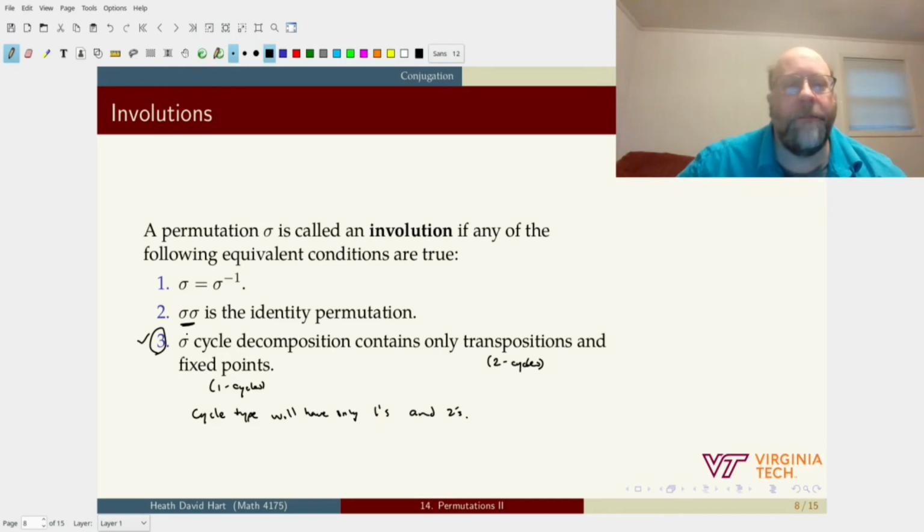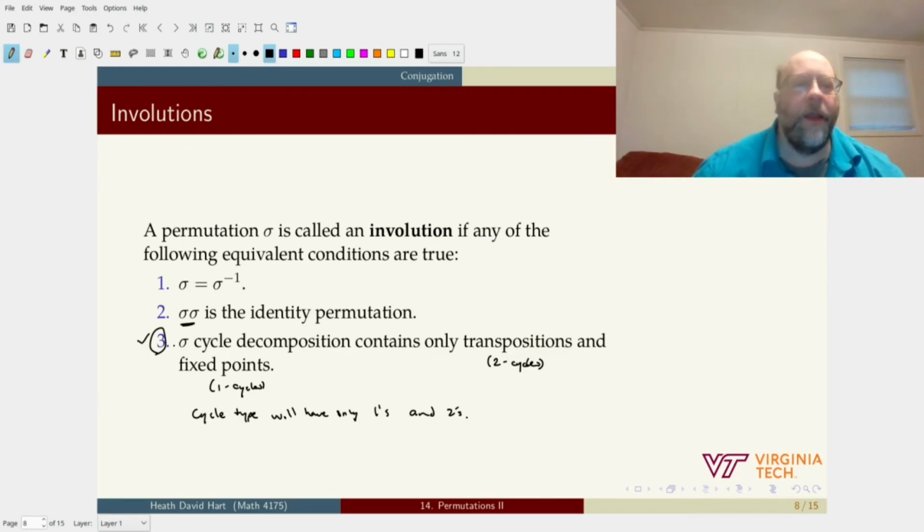This is important because the permutation has to undo itself. If I have a cycle with more than 2 elements in it, I won't get back to my starting place. That is, if 1 became 2, then I do the permutation again, 2 becomes 3, but I don't get back to 1 in 2 steps. And so I can't have any cycles that are longer than two elements.